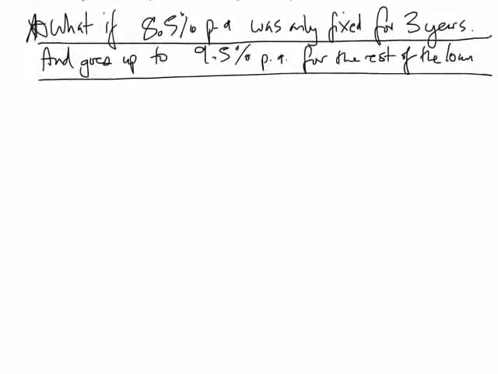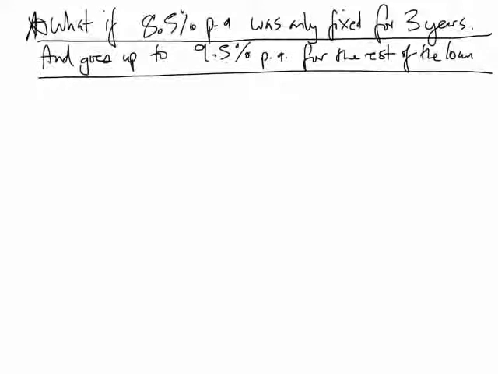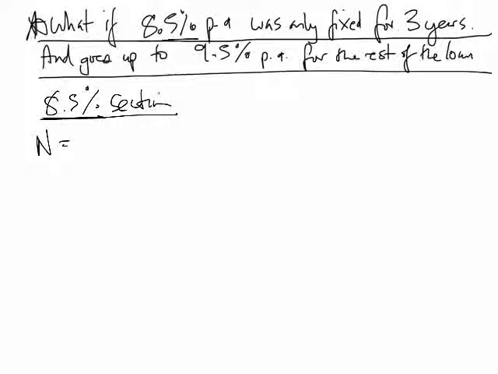So in the 8.5% per annum section, you're now trying to work out how much is going to be owed after 3 years with this arrangement of the 8.5% per annum with the same repayments as before.